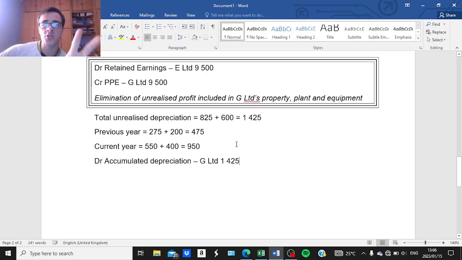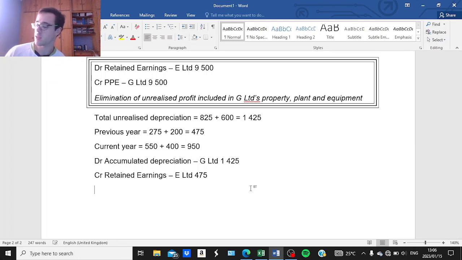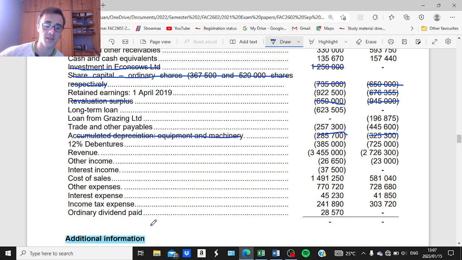And then we will credit two separate accounts. Firstly, we will credit retained earnings of the company that made the unrealized profit, which was Econcals Ltd. And the amount credited to retained earnings will be 475, because that is the unrealized depreciation in respect of the previous year. And the second account that will be credited is the depreciation expense, which will form part of other expenses as shown in the trial balances for the two companies.